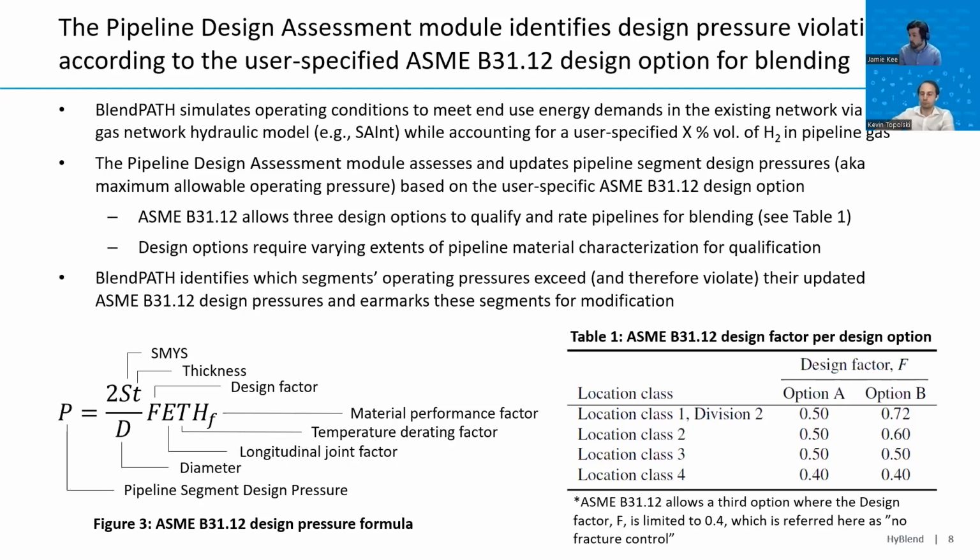BlendPATH identifies which segments' operating pressures exceed and therefore violate their updated ASME B31.12 design pressures and earmarks these segments for modification. If we look at figure 3, it is the ASME B31.12 design pressure formula, where the design pressure formula is a function of the pipe geometry and then various material performance factors.